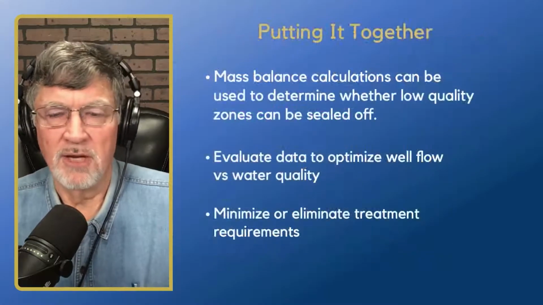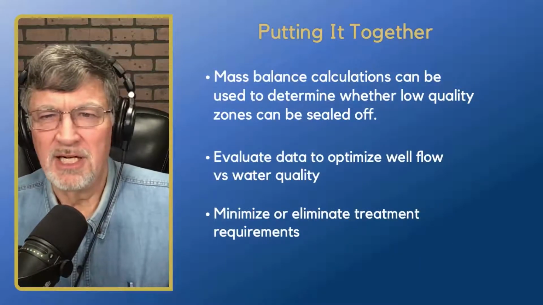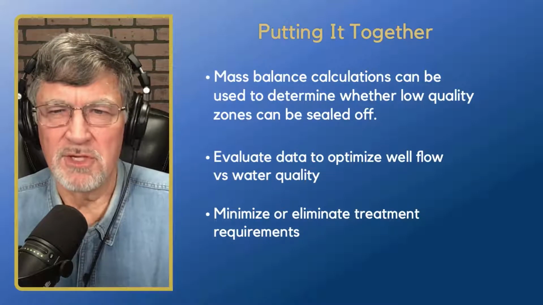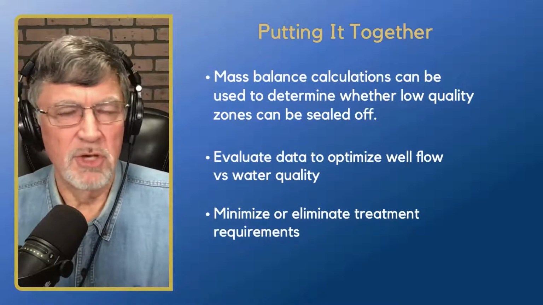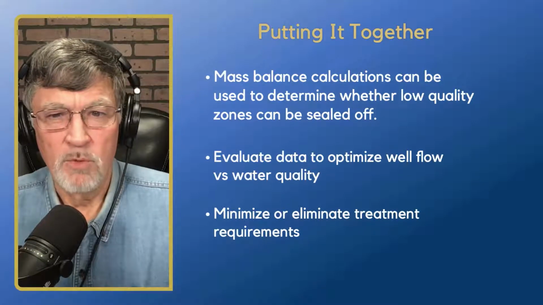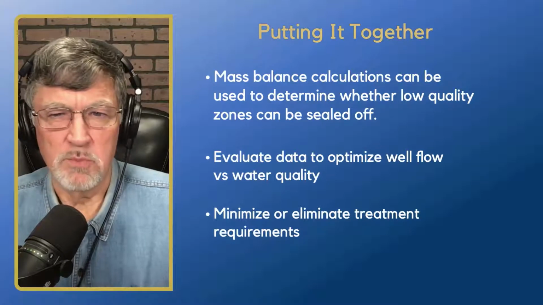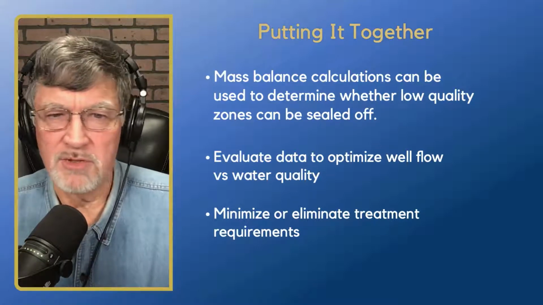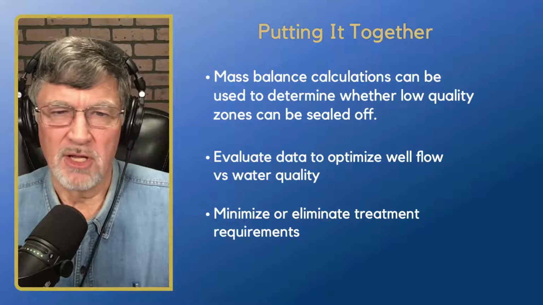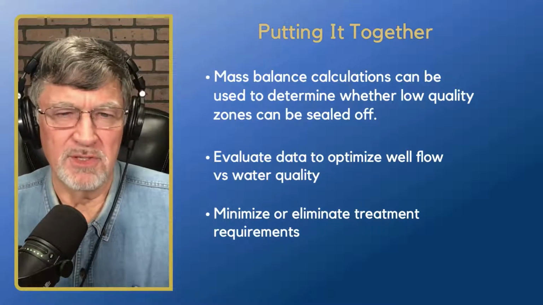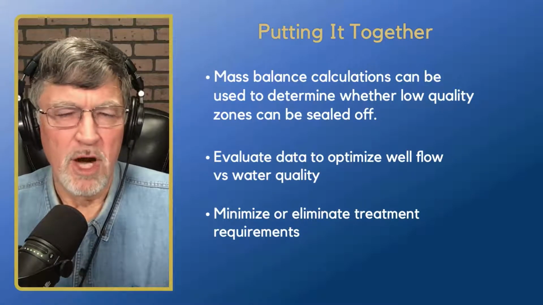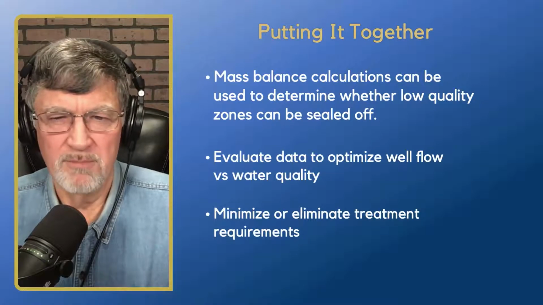So, putting it together, mass balance calculations can be used to determine whether low quality zones can be sealed off. We want to evaluate the data to optimize well flow versus water quality. So it's going to be kind of a balancing equation. We're going to do an iterative process to determine how much water we can get at what water quality.